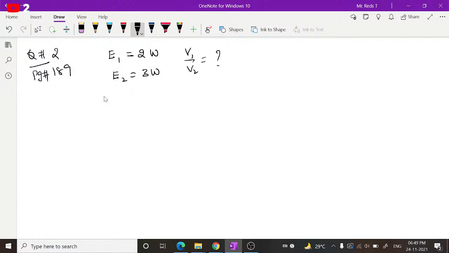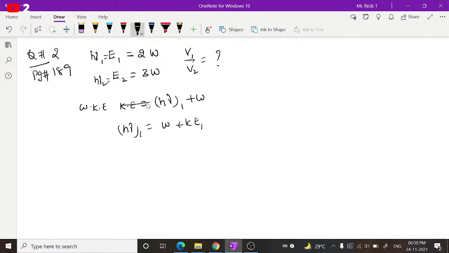We know from Einstein's photoelectric equation, the incident energy h nu one, I have taken as u1, and h nu two as u2. Actually, h nu one is equal to work function plus Ke1.